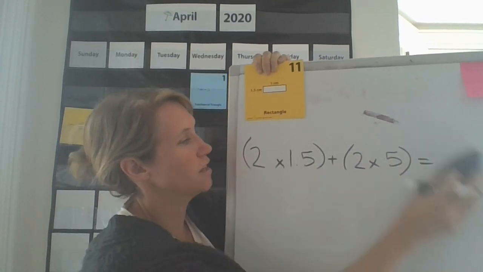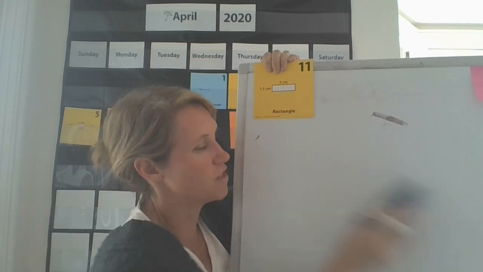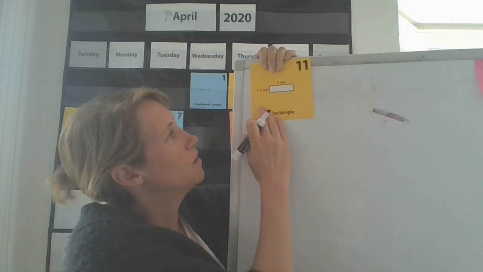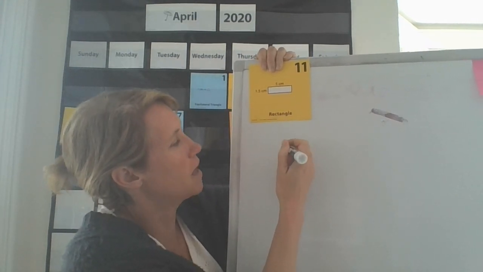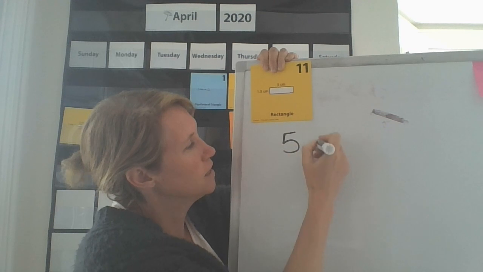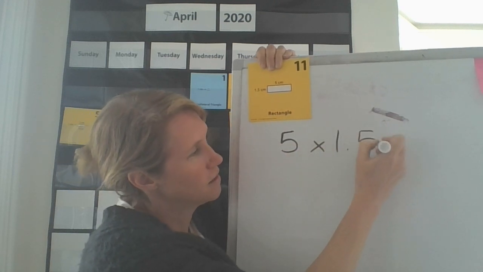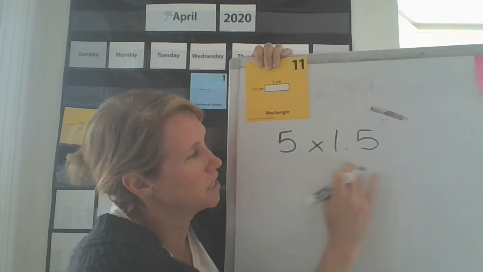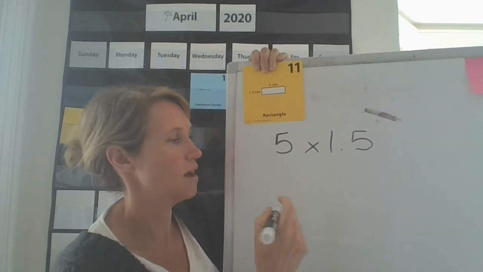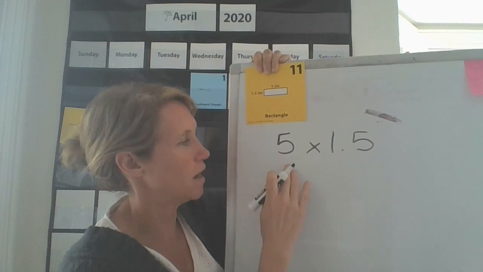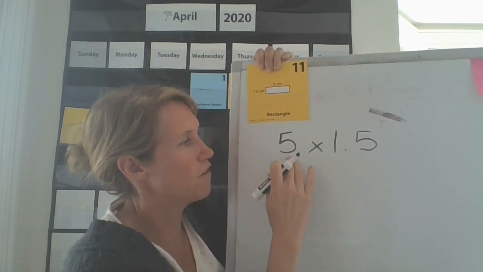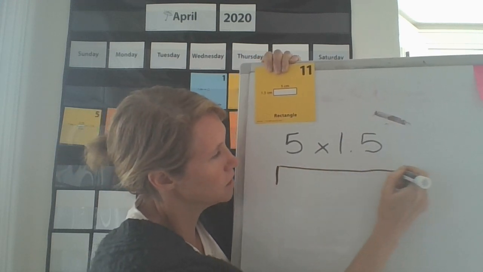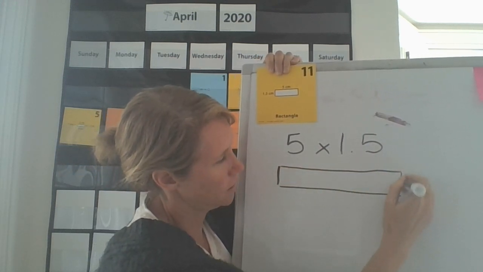Now, if I wanted to challenge myself and solve for the area of this rectangle, I know to find the area, I have to multiply the length times the width to get the total area. Well, how could I do that? Because I'm multiplying with a decimal. Well, if I'm a visual person, I could actually draw out a model. I know that this is 5 groups of 1.5. So I could draw it out like this.